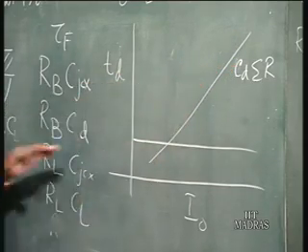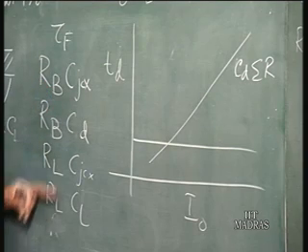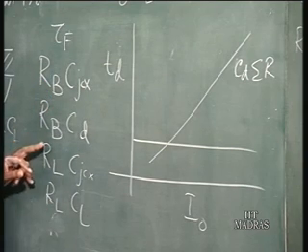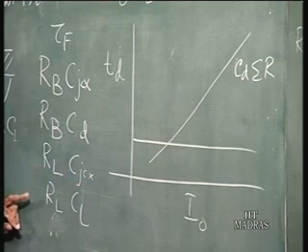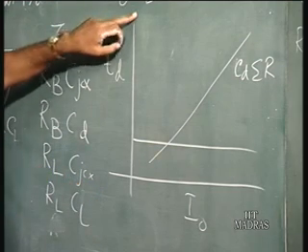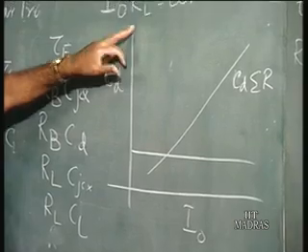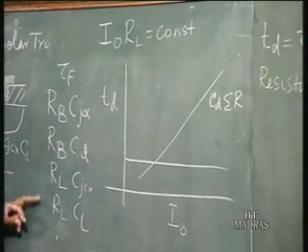And then you have the other components which have RL in them. What is going to happen to RL if you increase I naught? I naught into RL is a constant, so RL is going to reduce.